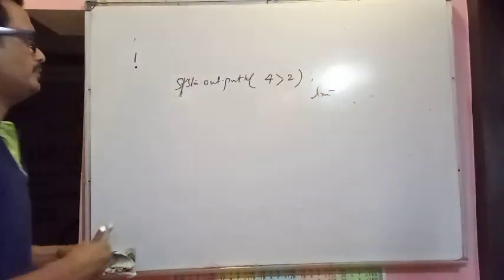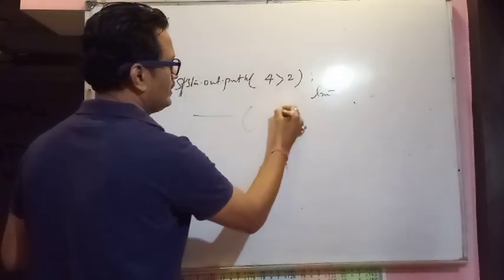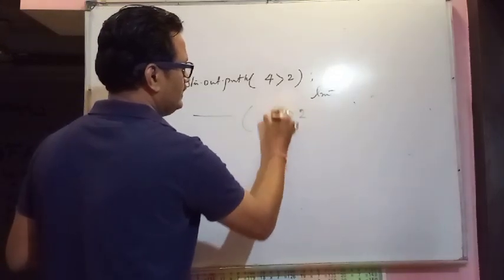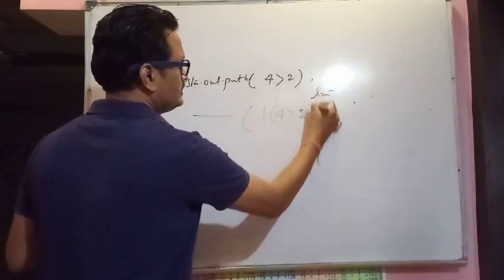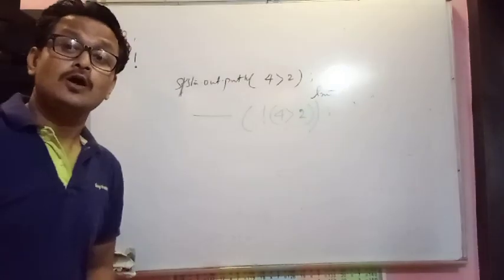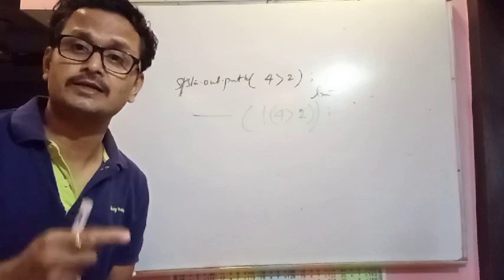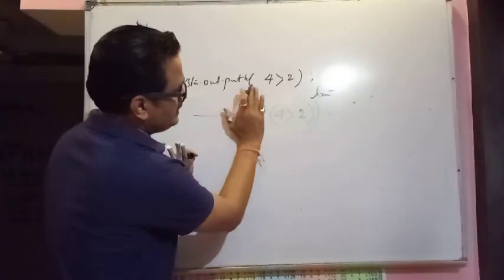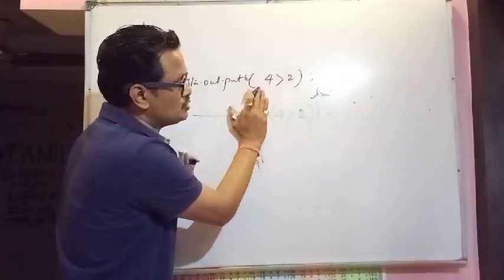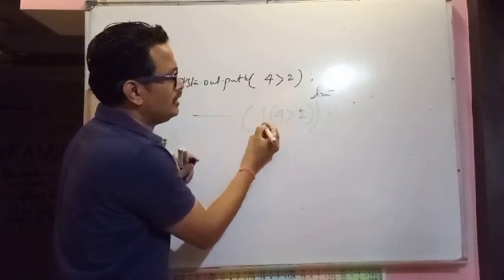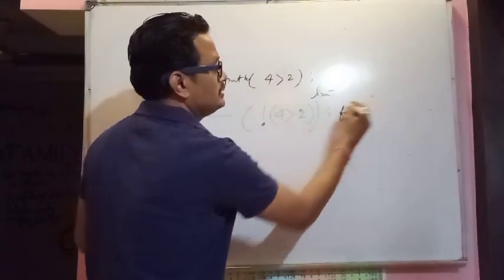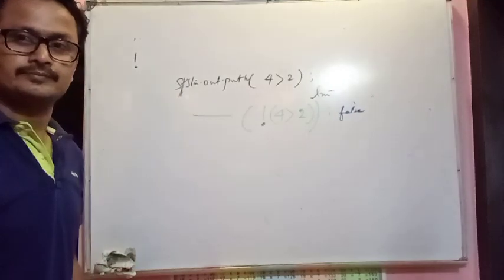Same thing, when you write here System.out.println, not 4 greater than 2 using this bracket, what does it mean? 4 is not greater than 2. So you see here, this is true and false, this is true. When you use logical NOT, your answer will be just the opposite. Just the opposite.